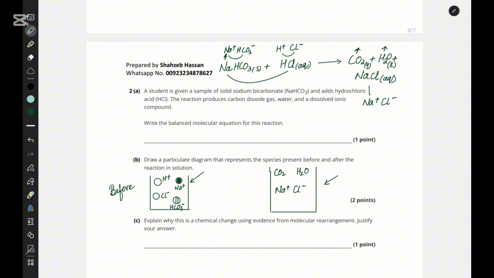The next question says, explain why this is a chemical change using evidence from molecular arrangement.